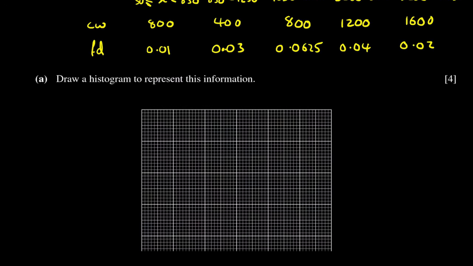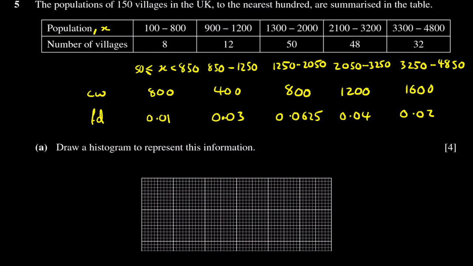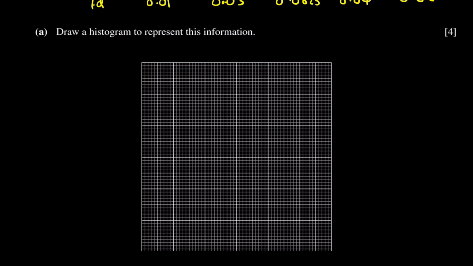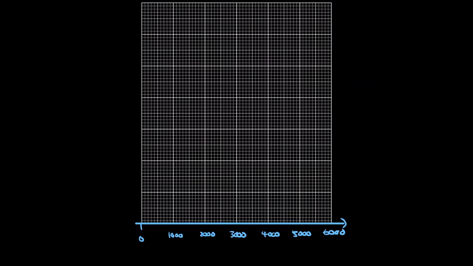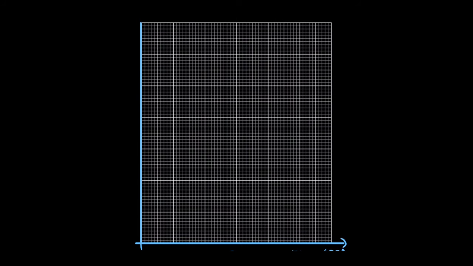Okay, and what do we want? The biggest density is 0.0625. So if I was to draw that, I'm going to go up like that. And I'm probably going to go up in increments of 0.01.